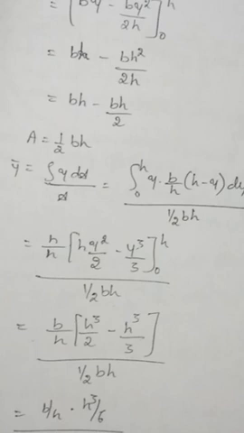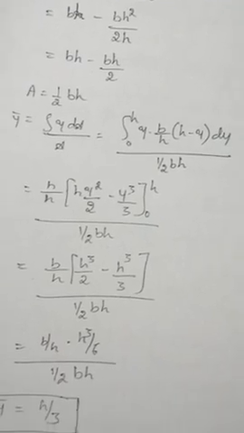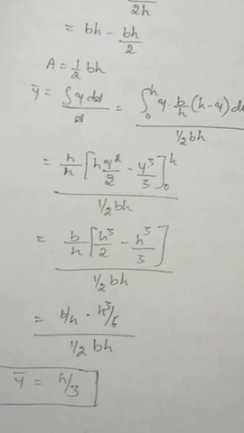In the place of y you place h, so you get h cube divided by 2 minus h cube divided by 3. Earlier it was b into h there. So just do the simple calculation, it's a matter of cancelling.